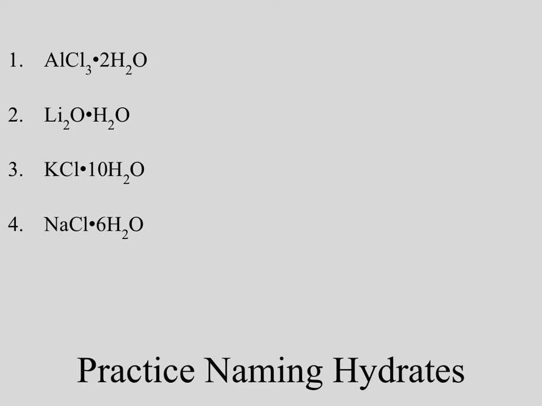So let's do some practice problems. Remember, the rules state that you start by naming the ionic compound the way we've been naming. So our first ionic compound in number 1 is aluminum chloride.